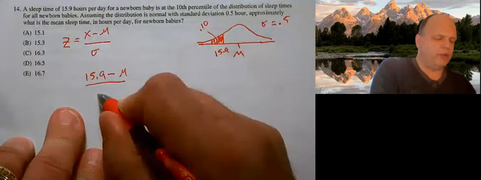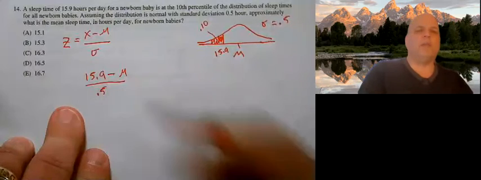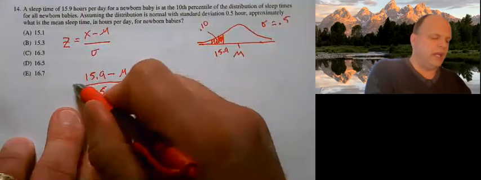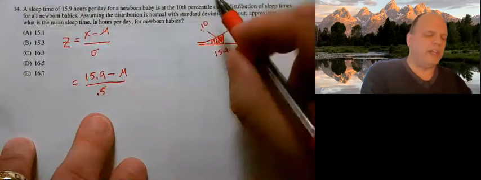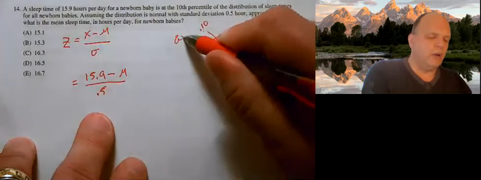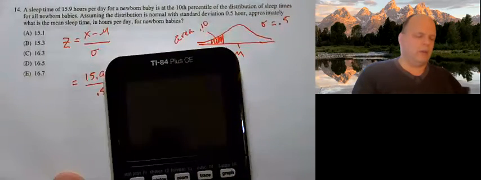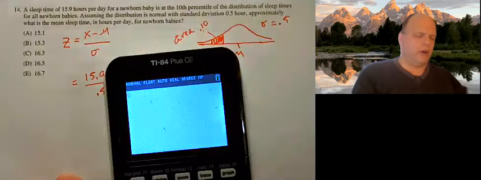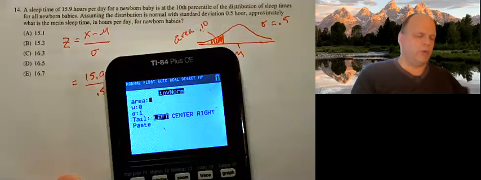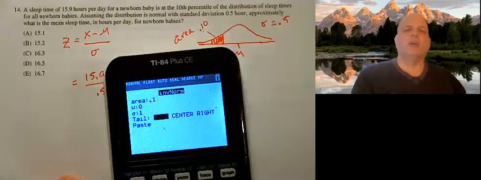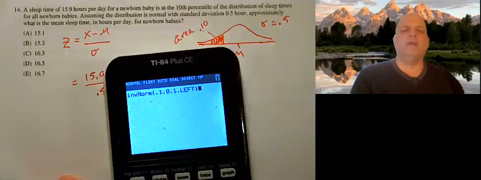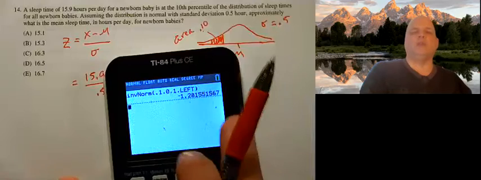We have a standard deviation of 0.5. So I'm hung up here with, can I get a Z-score? And because they gave me the area, I can go ahead and do that. Second vars, inverse norm, area is 0.1, mean is 0 because it's a Z-score, standard deviation of 1. And I end up getting negative 1.28.